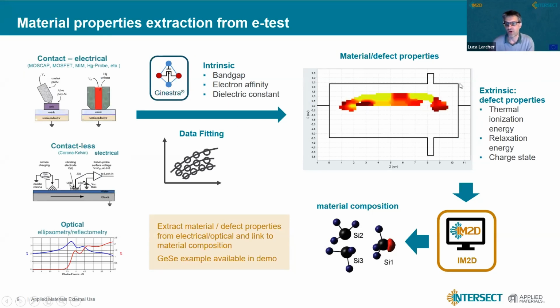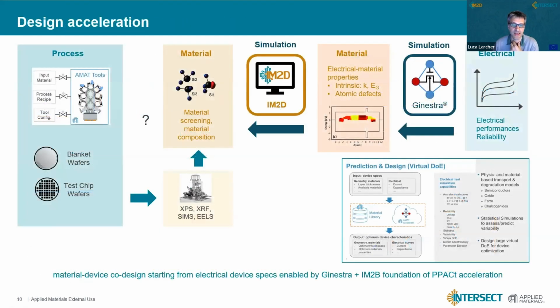We get, for example, the map in energy, within the band gap, of the defect concentration, and applying the IM2D box, we can actually identify the atomic nature of the defects. Again, this is key information to better monitor the process and change it accordingly, in order to achieve better performances. And this is the first leg of how to use the IM2D box to learn faster.